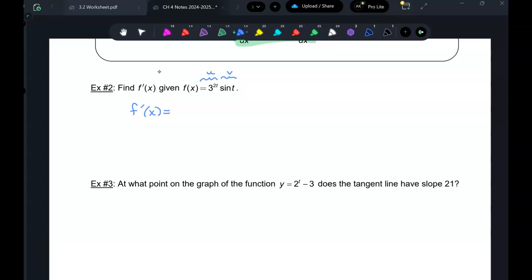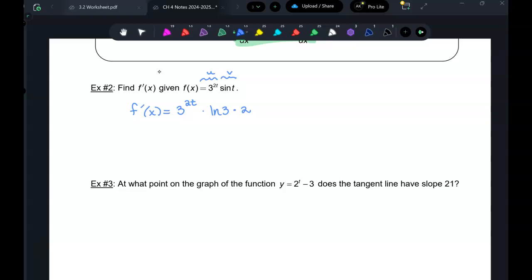So it's going to start off 3 to the 2t times natural log of 3 times 2. Of course, it doesn't matter if you put the times 2 and then the natural log of 3. So again, this involves the base of 3 and applying the chain rule with the times 2.